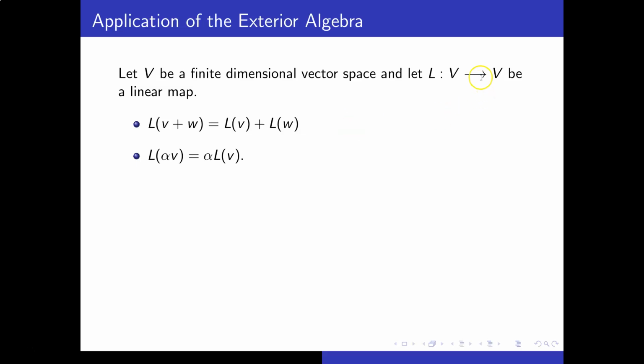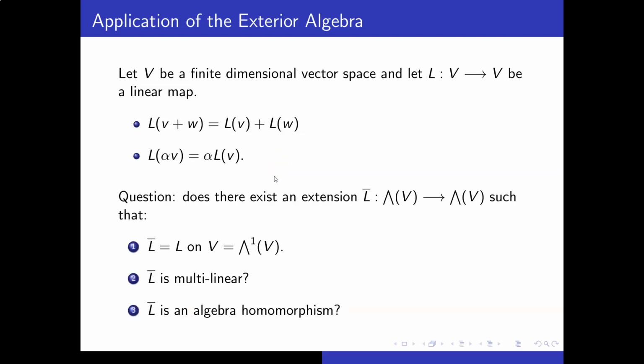So, I have a vector space V. I have a linear map running from V to V. Well, I can extend V to make an exterior algebra. So the question that then pops up is, can we make an extension of L? All right. Can I make, we'll call it L bar, that's going to run from the exterior algebra to the exterior algebra. And I want a few things to make sense. One is that this extension should be an extension.